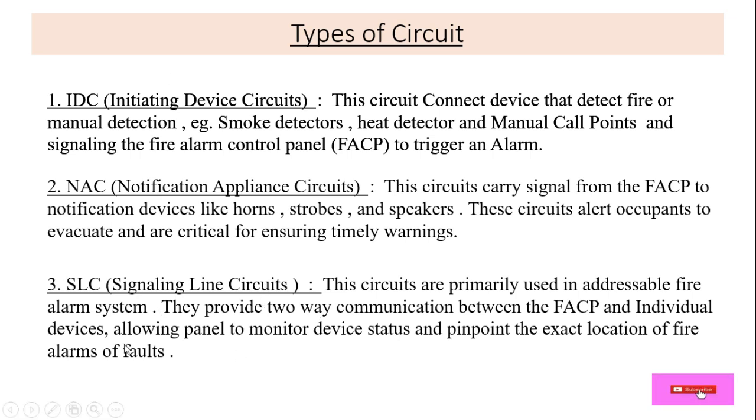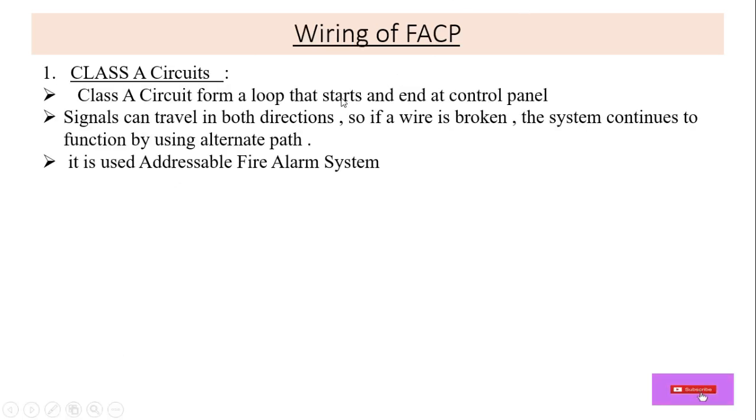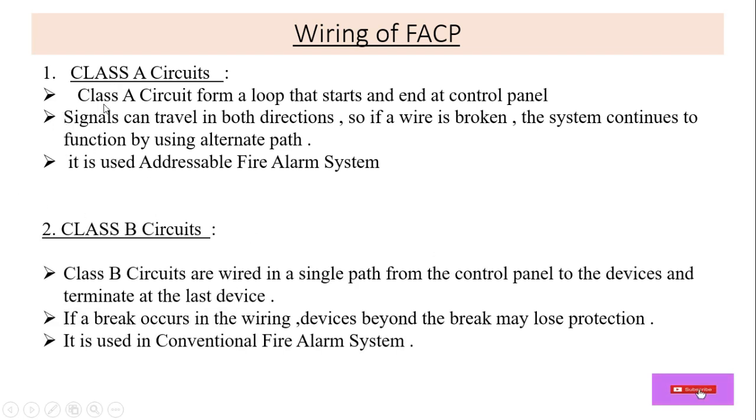Okay, so these are the three types of the major circuits. Now, wiring of the fire alarm control panel. There are class A circuit and class B. Class A circuit means loops start and end at the control panel.